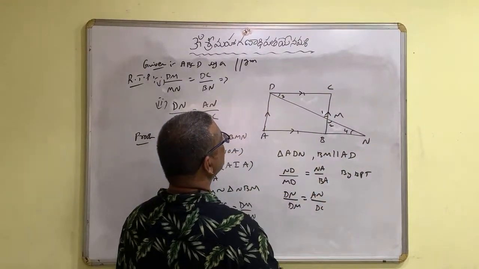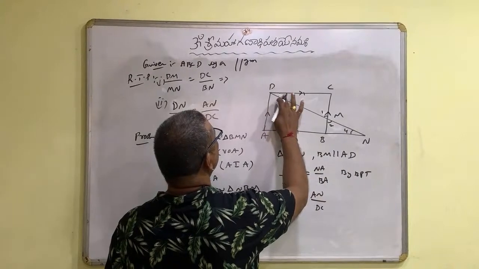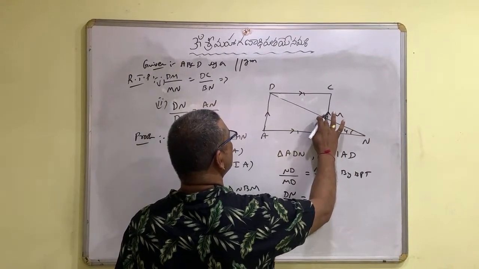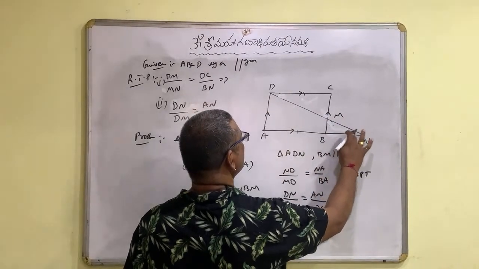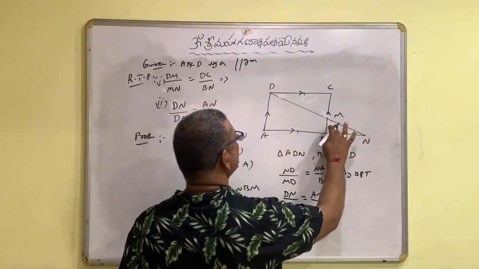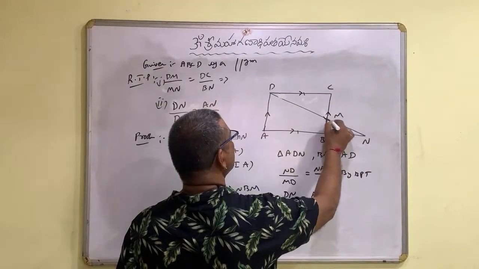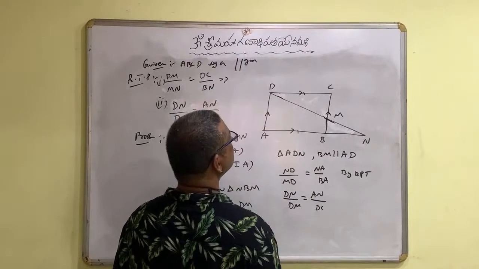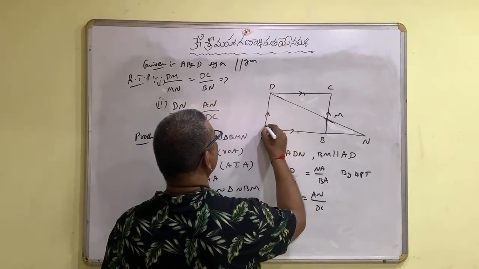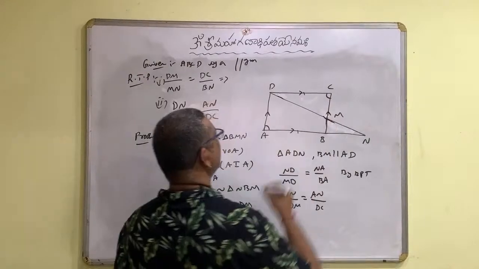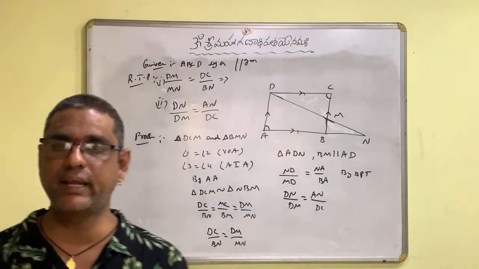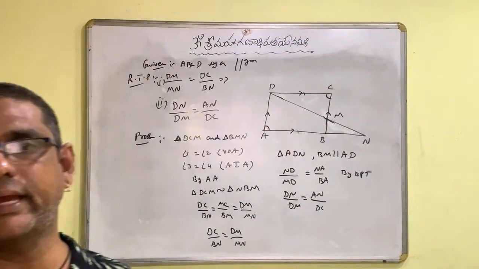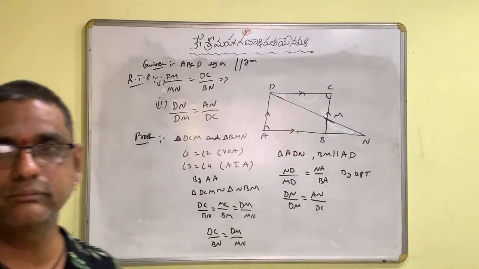Okay. These two triangles, see, these two angles are equal, angle A and angle C are equal, opposite angles of a parallelogram are equal.